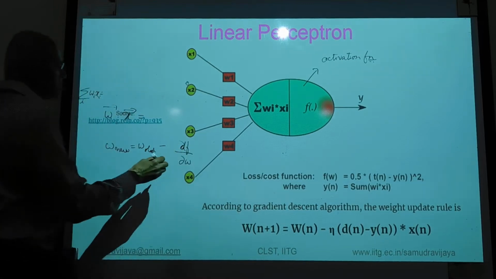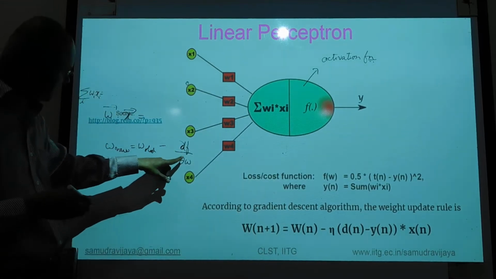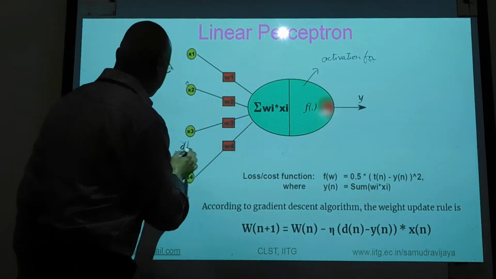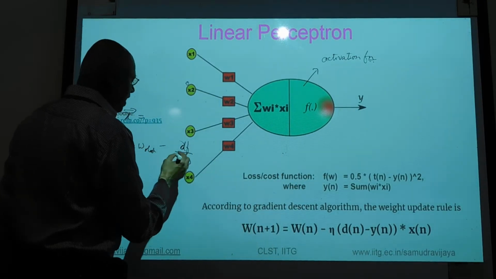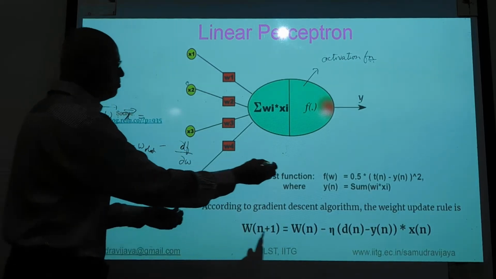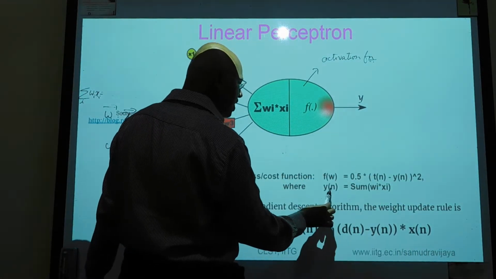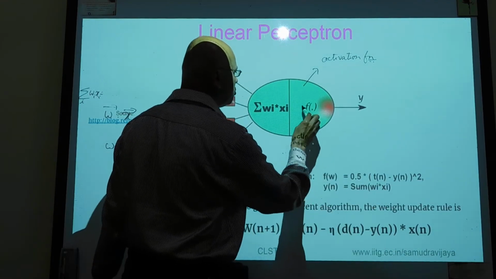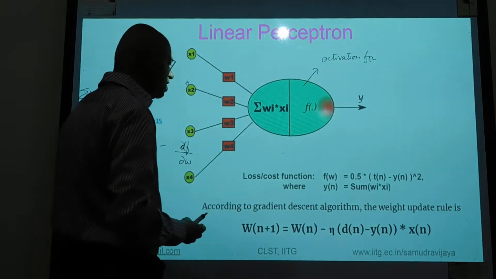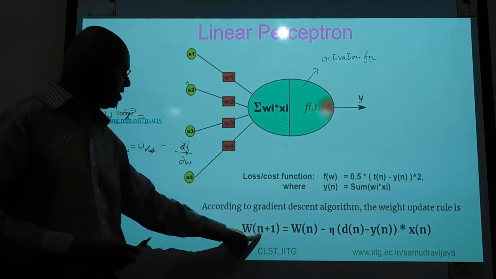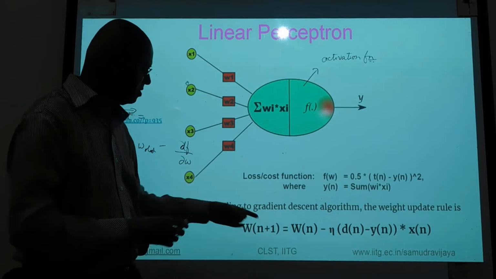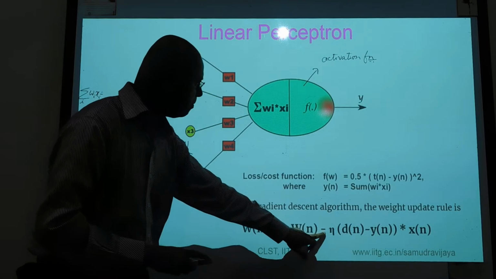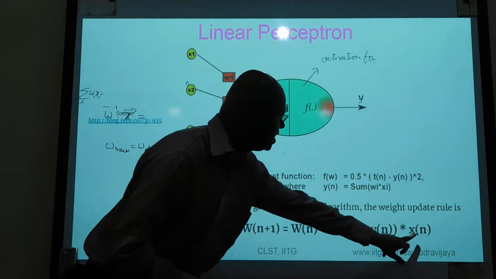Now you can do a partial derivative of the error function with respect to one particular weight. If you compute from here, and y of n is nothing but the summation of wi xi, assuming that this function is a linear function, then the new weight at iteration n plus 1 would be the old weight minus the error times the input.